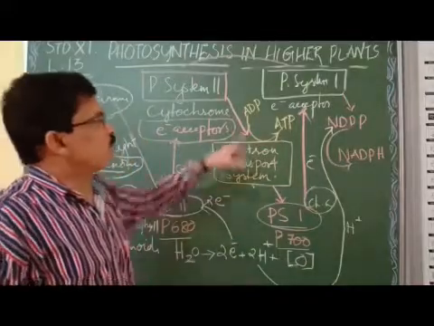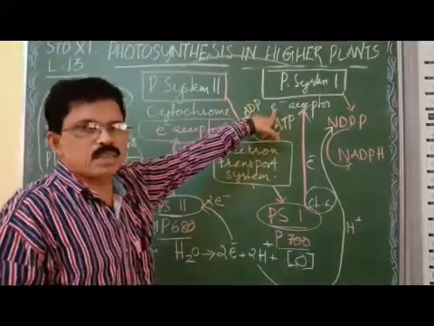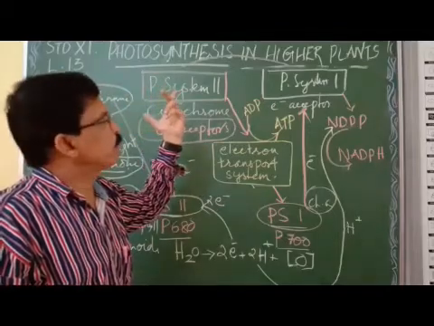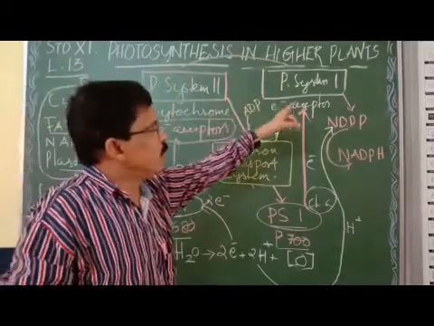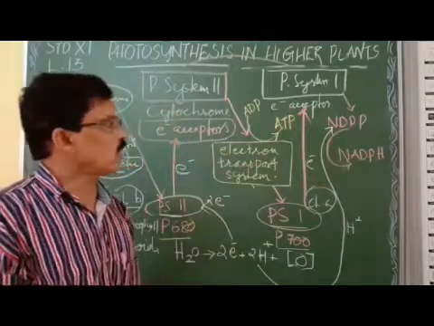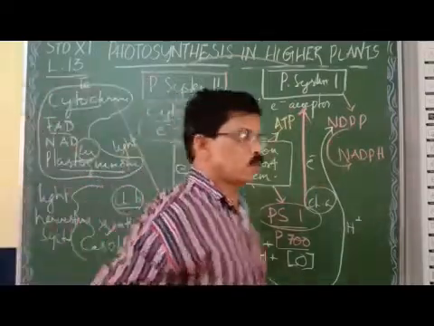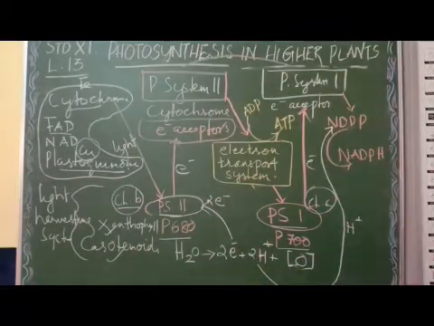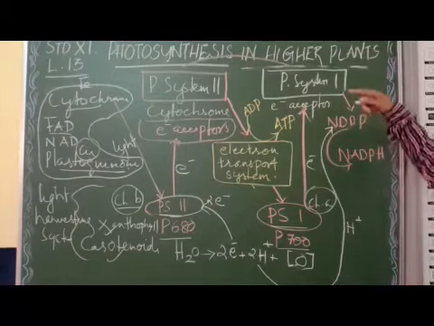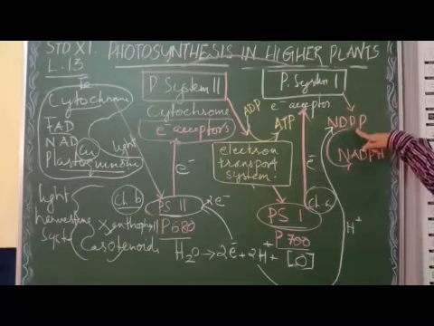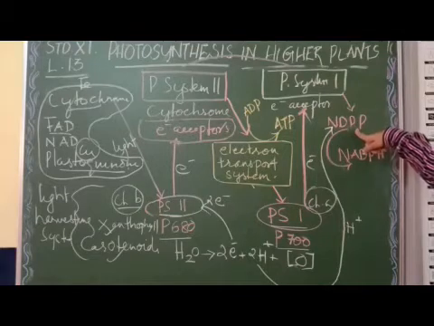These high energy electrons are accepted by electron acceptors like cytochrome, plastoquinone, etc. Then they are carried over from pigment system 1 to NADP, nicotinamide adenine dinucleotide phosphate.